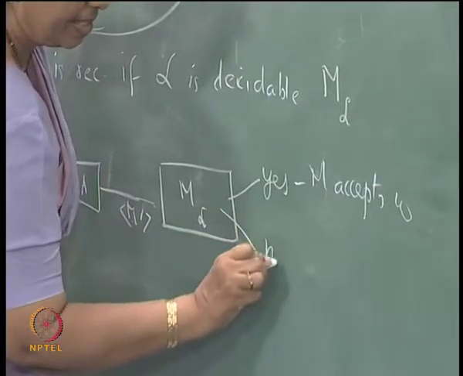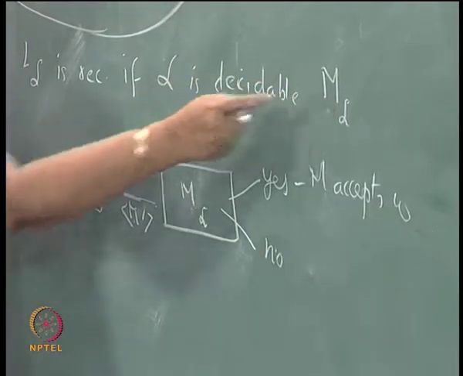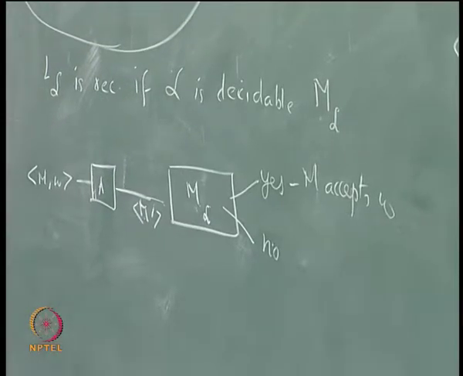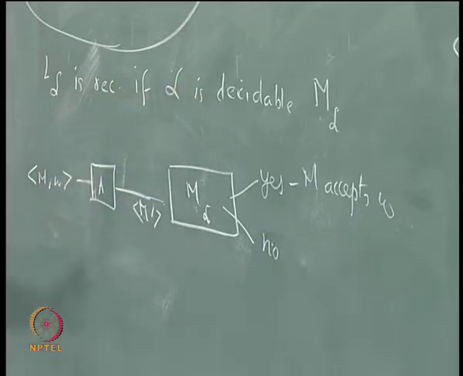See, we are assuming that this is recursive, so there is a Turing machine which halts on all inputs. L of S is recursive if S is a decidable property. So, there is a Turing machine MS which halts on all inputs.